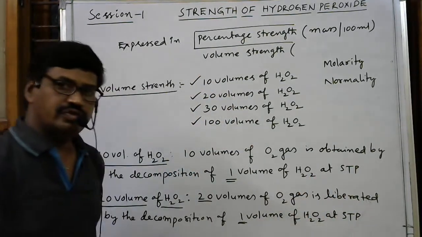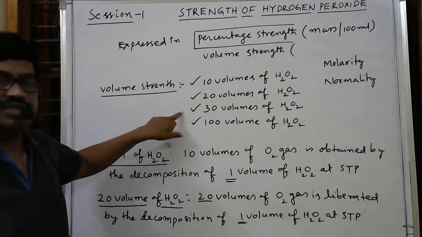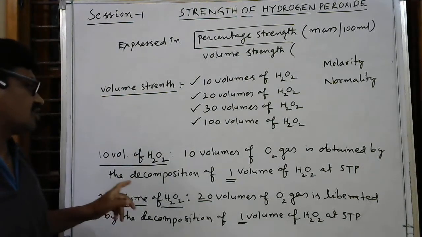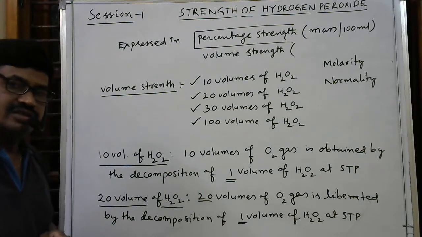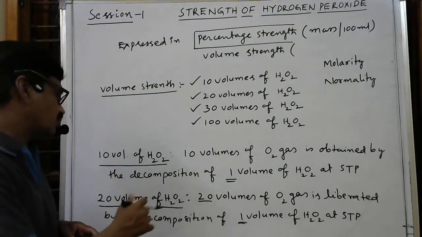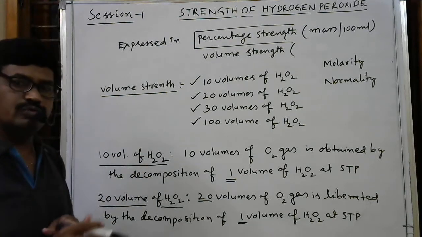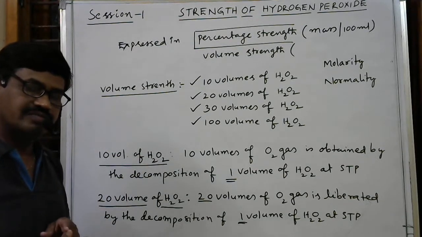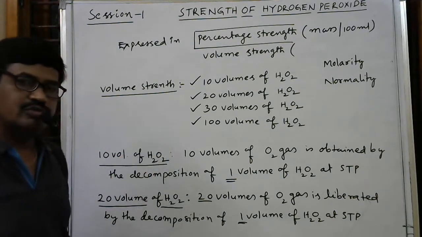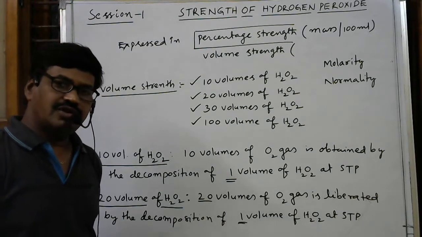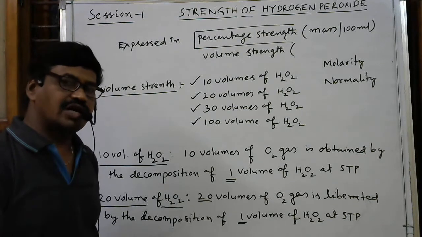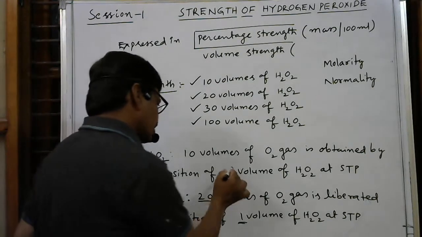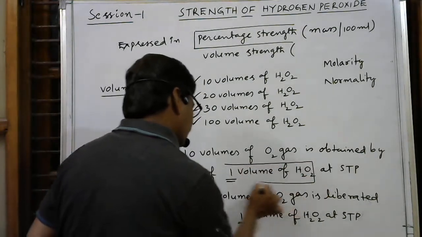Now you can expect what is 30 volumes. 30 volumes is nothing but 30 volumes of oxygen gas liberated by decomposition of one volume of hydrogen peroxide at STP or NTP. 100 volumes of hydrogen peroxide means 100 volumes of oxygen gas is liberated by the decomposition of one volume of hydrogen peroxide. So the hydrogen peroxide volume is always constant here, one volume.